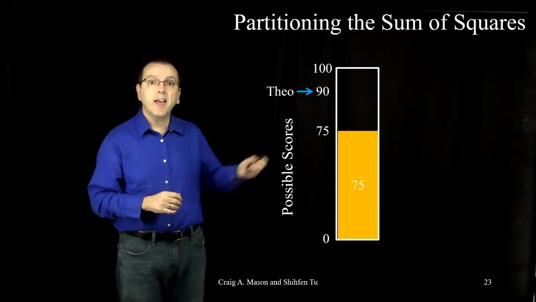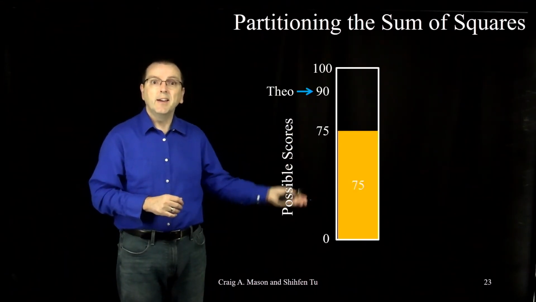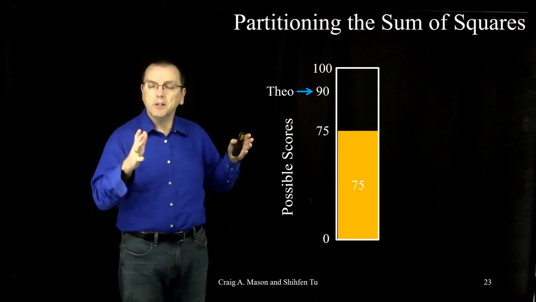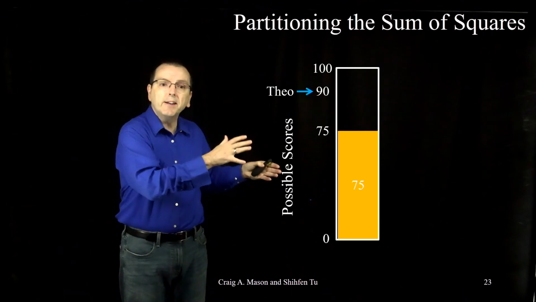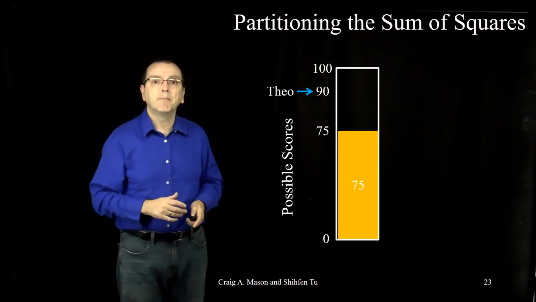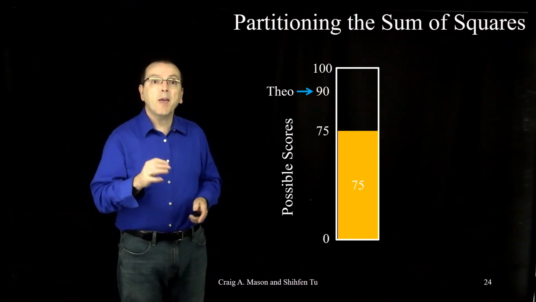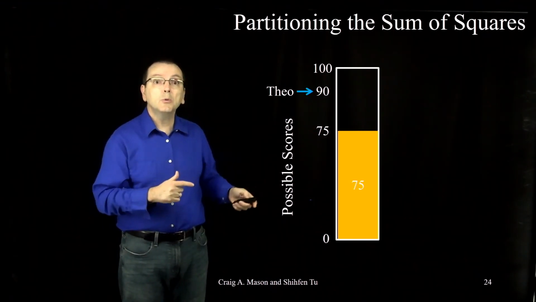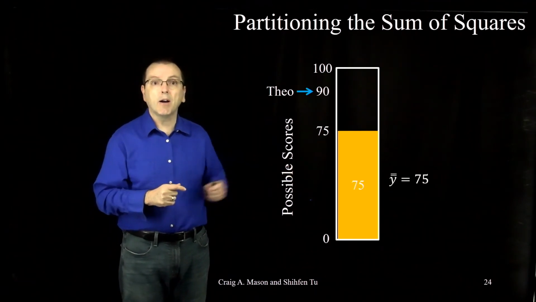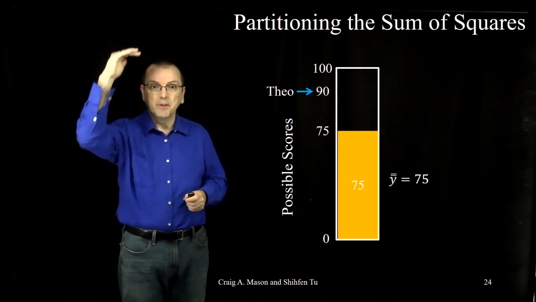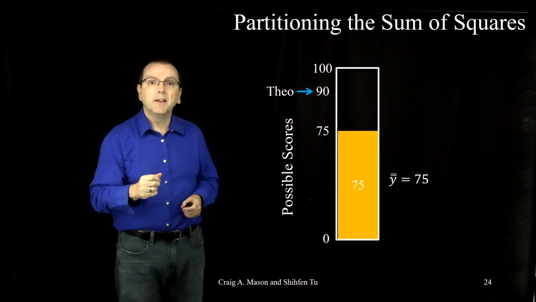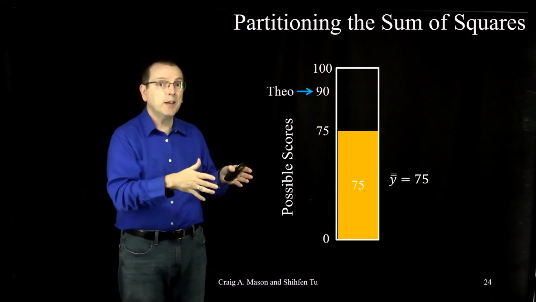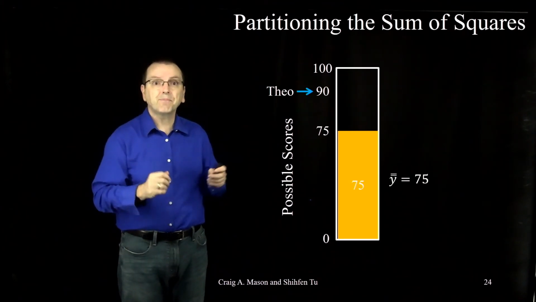So if we shade in the area below 75, this reflects that portion of Theo's score that is reflected in the grand mean. Now, because we have means for each group and the overall grand mean, we're going to use y double bar, 2 bars on top, to indicate the grand mean. That just helps us keep track of whether we're talking about a group mean or the grand mean.